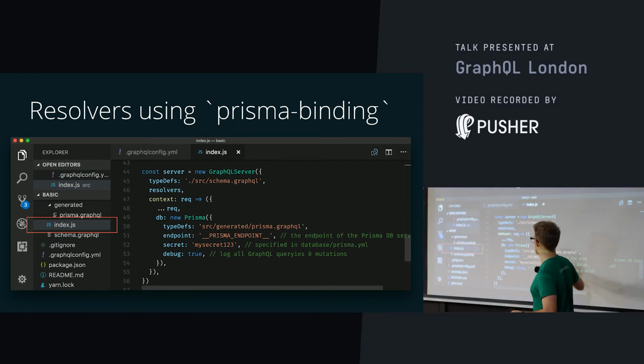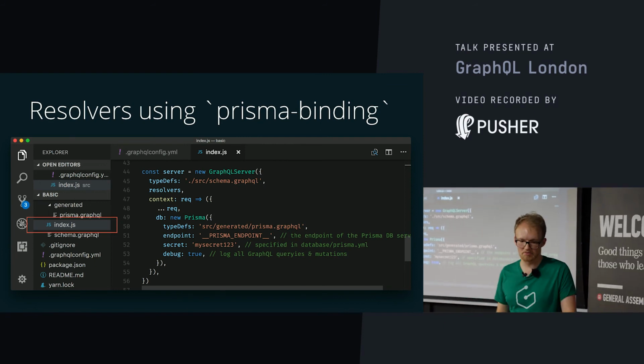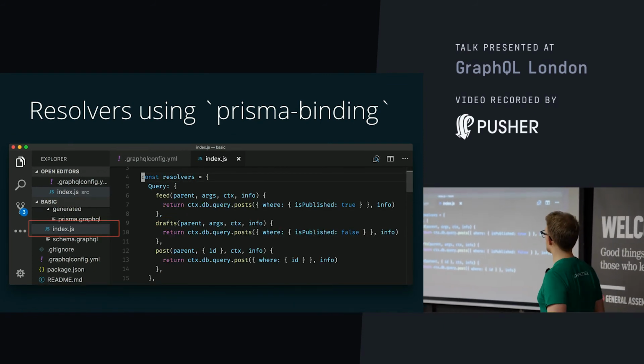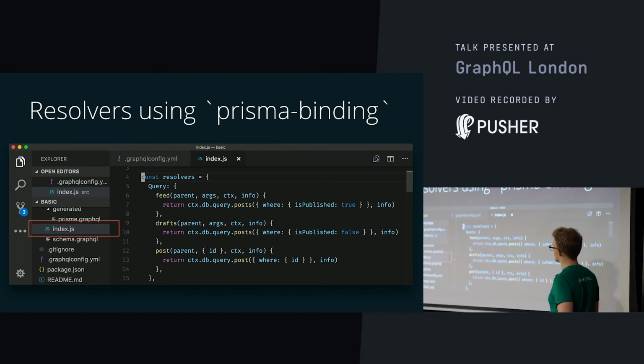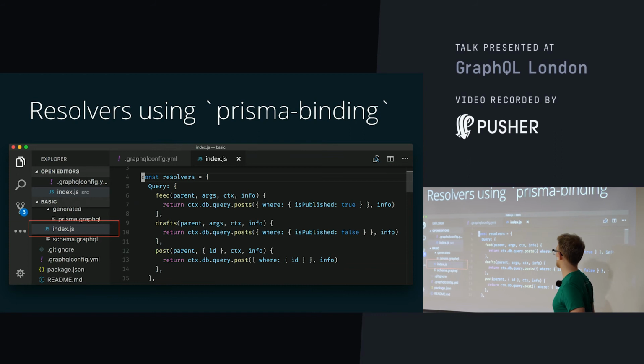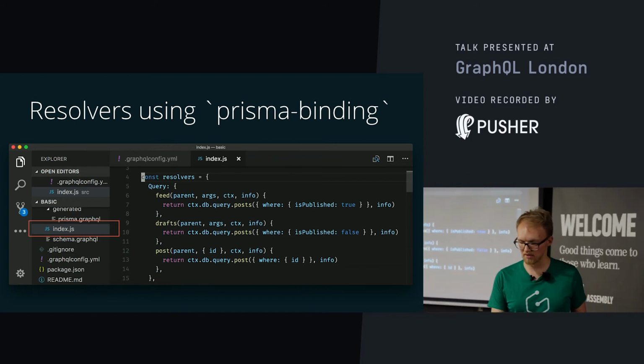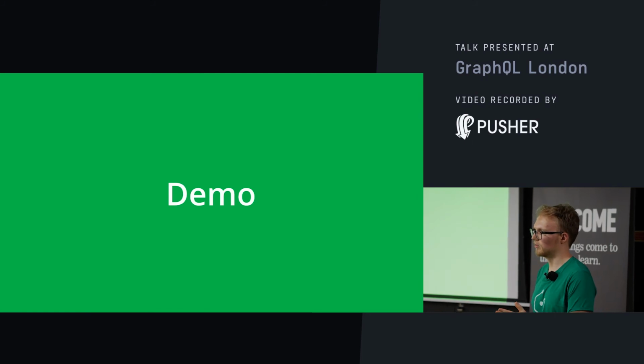Here we're just creating a new Prisma object, which just needs to know about the endpoint and the secret. Then you can just use it from within your resolvers, where on the context you can access your database and delegate these queries. So that's essentially what you need to know about this.